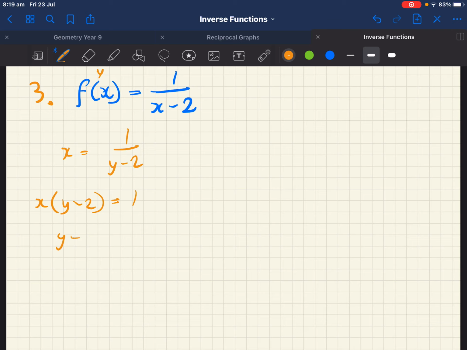Now take the x across. And here we can get y by itself pretty easy. It's just 1 on x plus 2. So the inverse to this hyperbola, 1 on x minus 2, just happened to be another hyperbola. Similar but different.